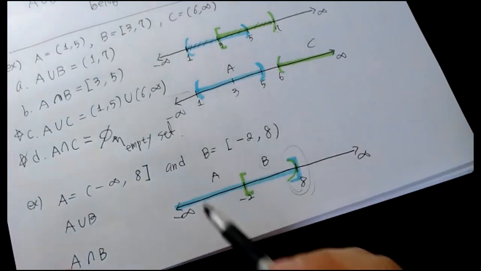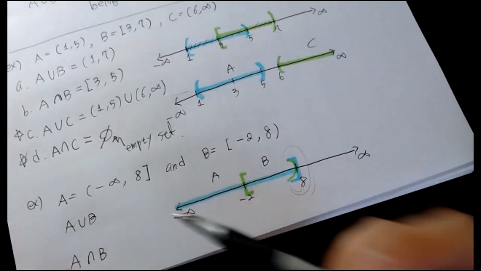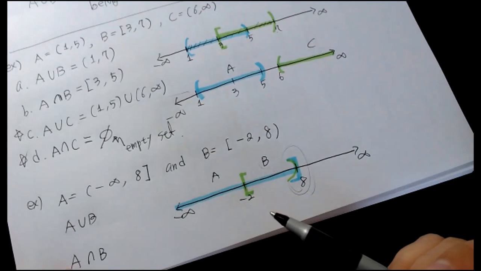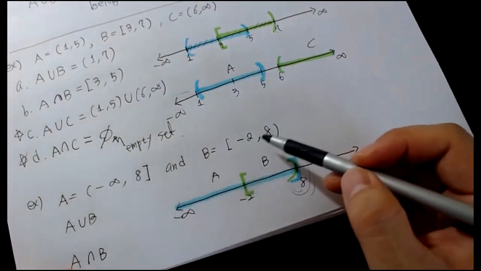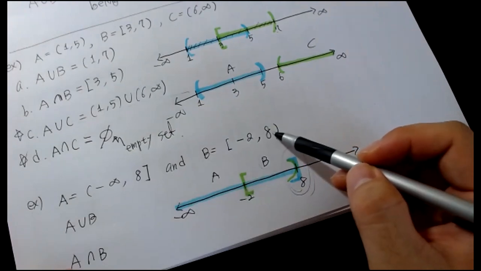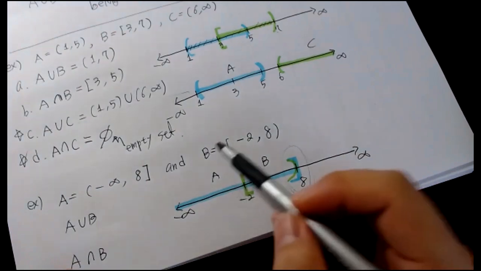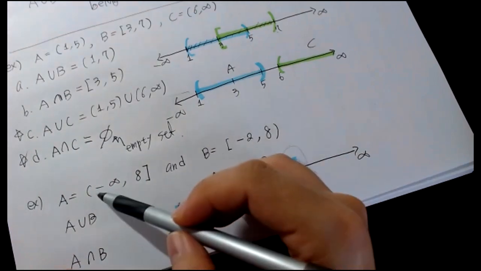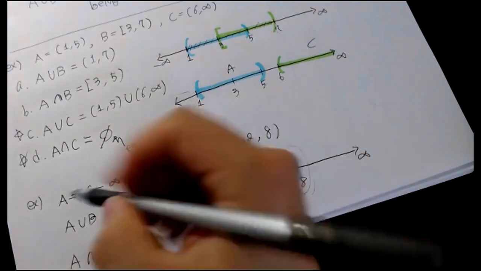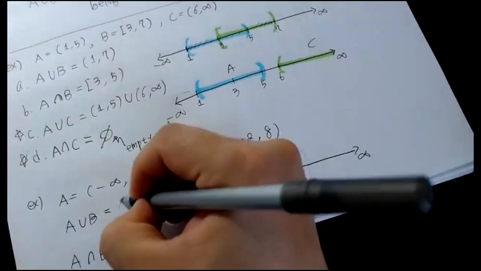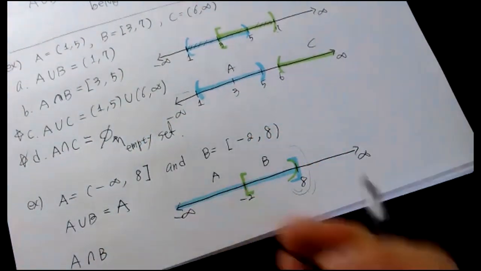That's why we can say that set B is included in set A completely. What if the number 8 is not included in A, but number 8 is included in set B? Then we cannot say set B is in set A completely. So A union B is just set A, because set B completely belongs to set A.